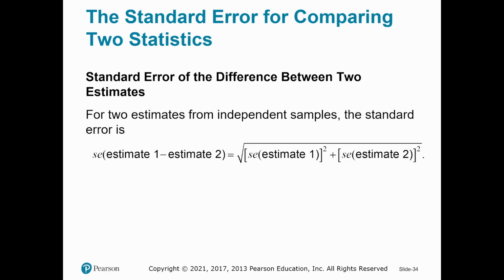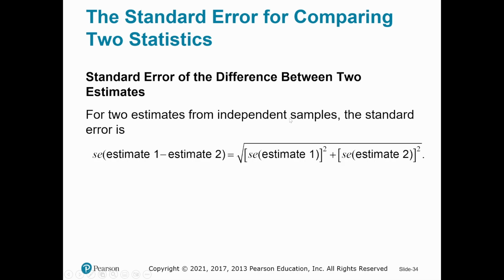So, the standard error for comparing two statistics. Now, this is a little general here, but the standard error of the difference between two estimates. For two estimates from, now this is really important, the word independent is necessary for this, and there's one word that's missing, right?